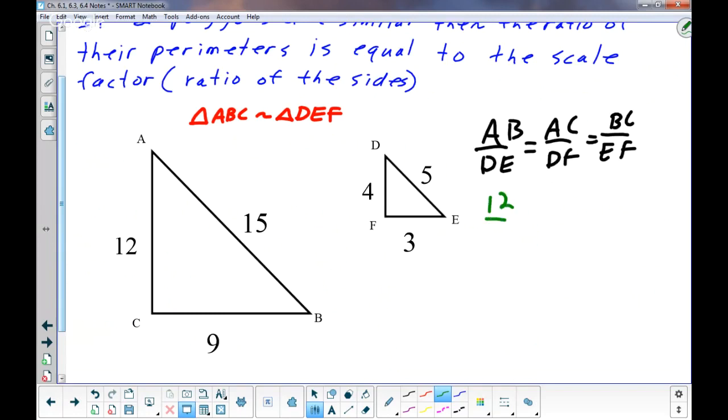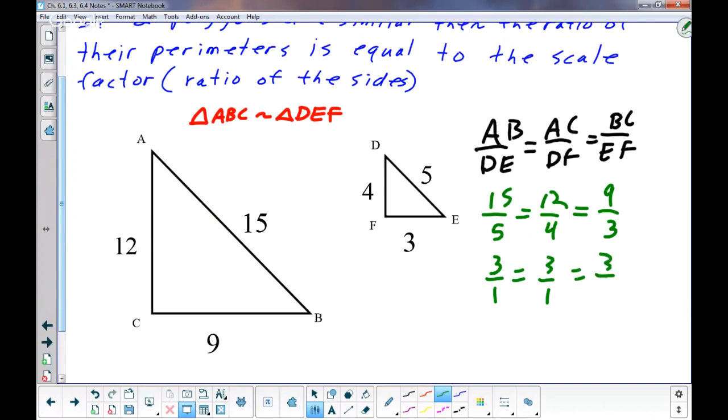Sorry, let's make sure it's in order. 15 to 5, 12 to 4, and 9 to 3. And we see they all end up 3/1, 3/1, 3/1.